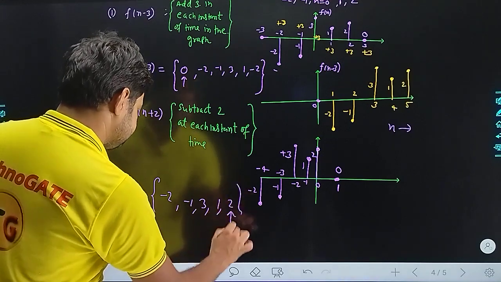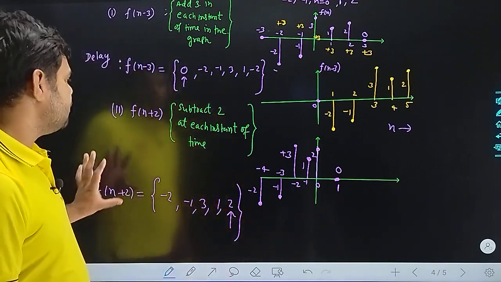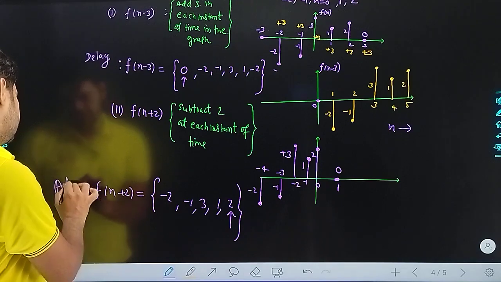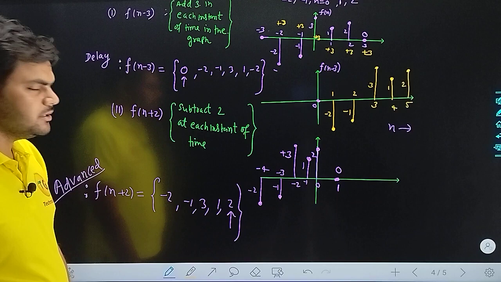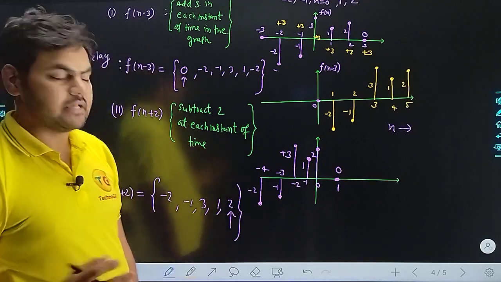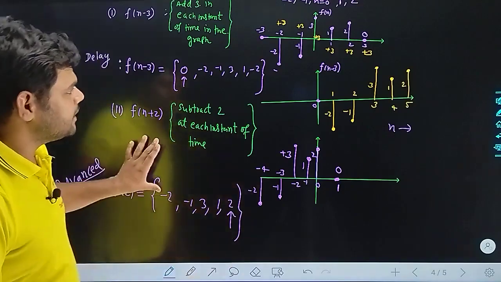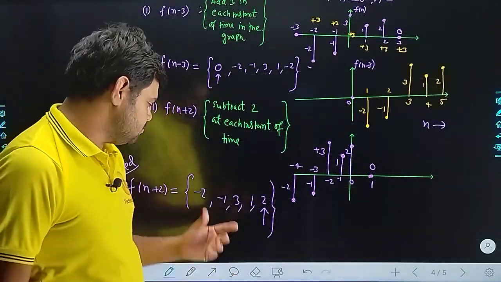That is that index. Am I right or not? Yes. So this is how we have represented f of n plus 2. We have already done all these expressions and representations in the continuous scale, but here you can relate it very easily, so I am writing it every time. Please note this down.